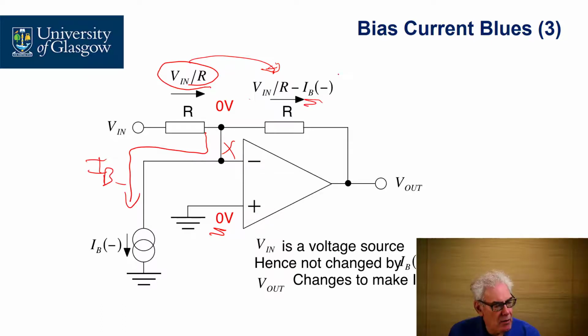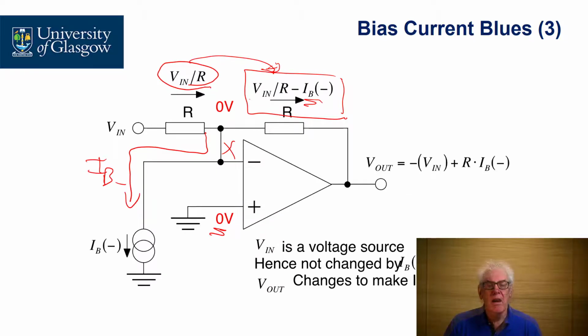So we now have the current flow going through the second resistor, and hence we can calculate that the output voltage is equal to minus Vn plus R times the bias current, because we know the current flowing through here, and hence this end is 0, so we can calculate the output voltage quite simply.